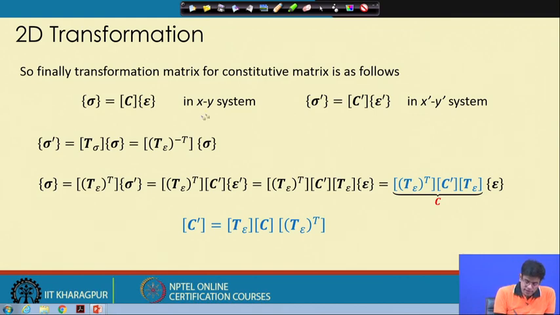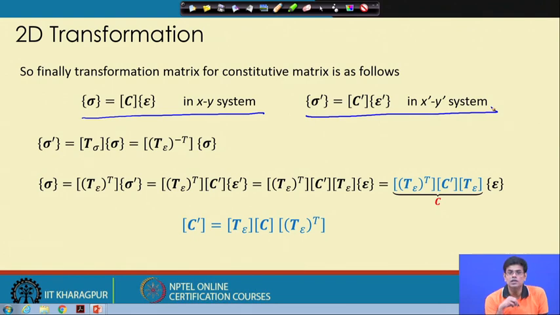In the XY system we know what the Hooke's law is. In the x prime y prime system also we know what the Hooke's law is. Now, if we write sigma prime is essentially T sigma into sigma, the stress transformation, then we can substitute T sigma, the previous relation that we have discussed, T epsilon inverse transpose.